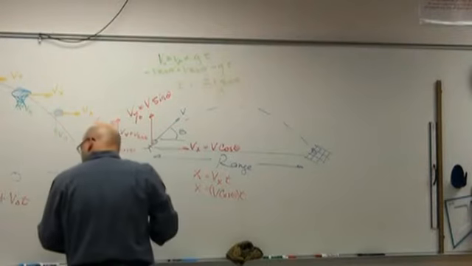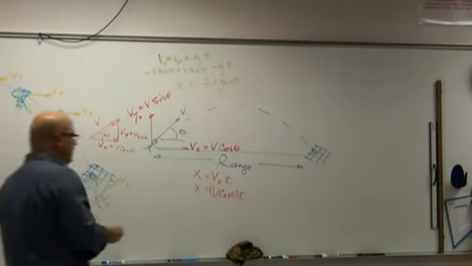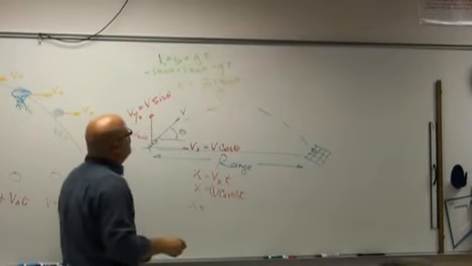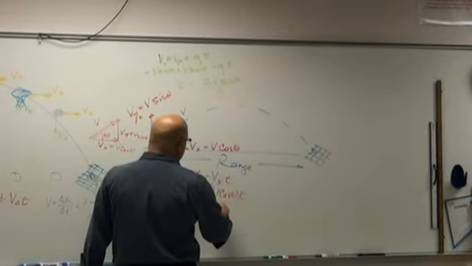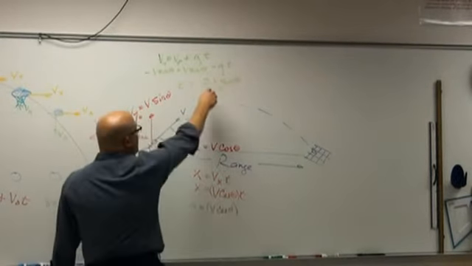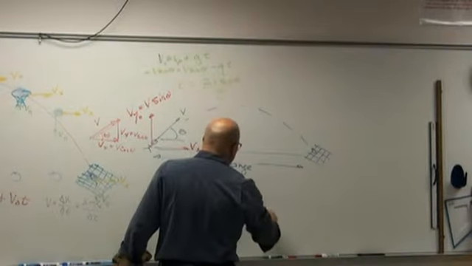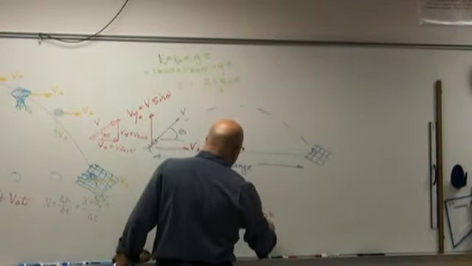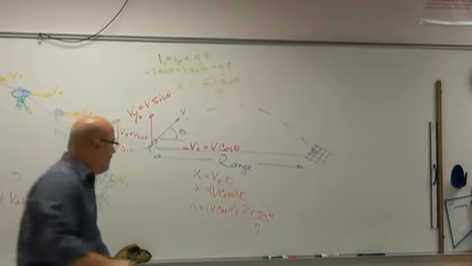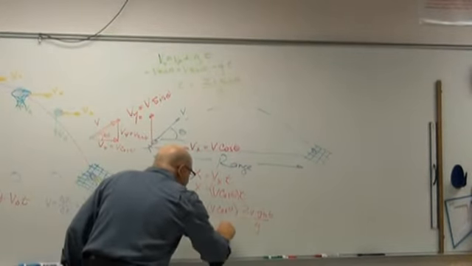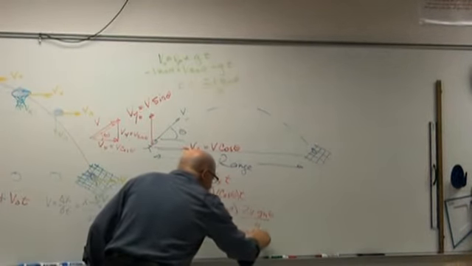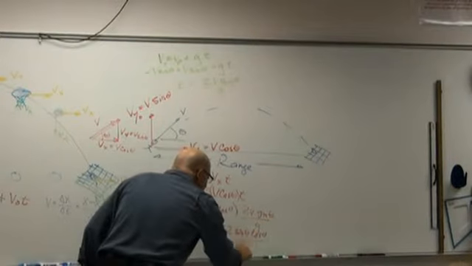And when I plug it in down here, I will get V cosine theta times 2V sine theta over G. And when I multiply that together, I get a V squared, and I'm going to have a 2 sine theta cosine theta over G.